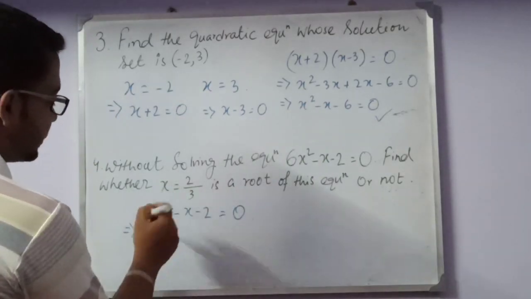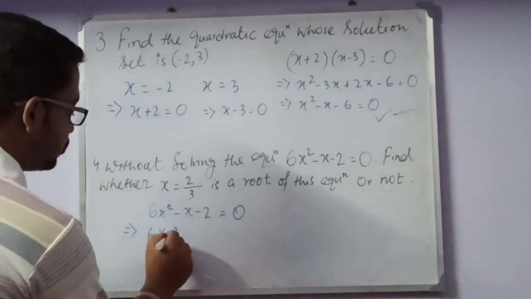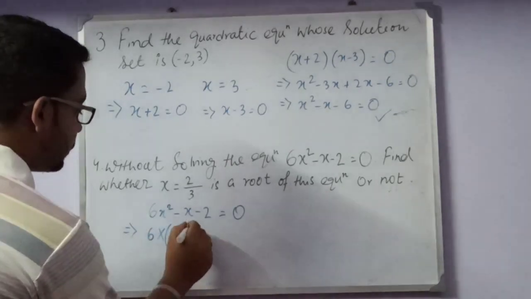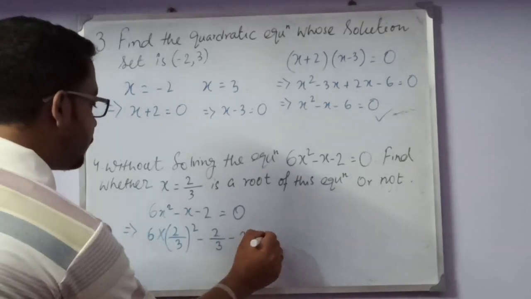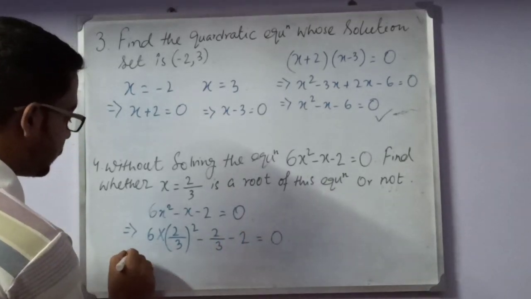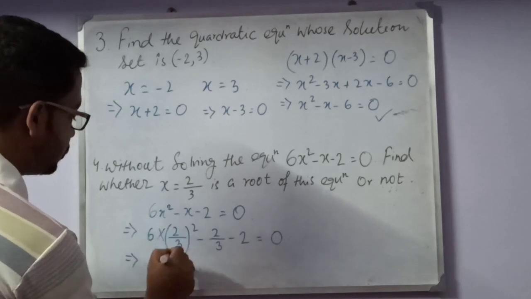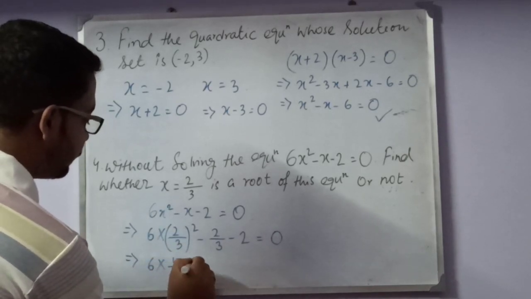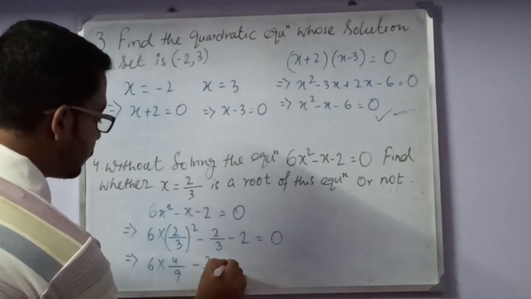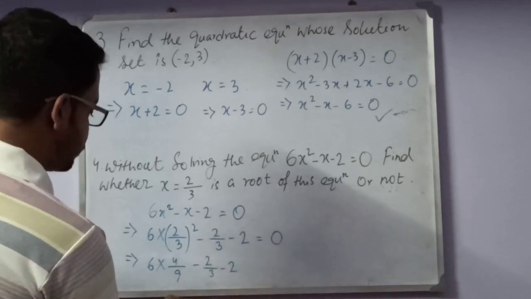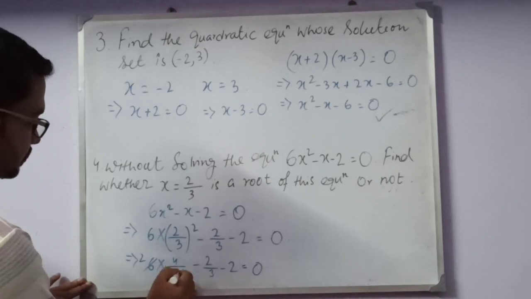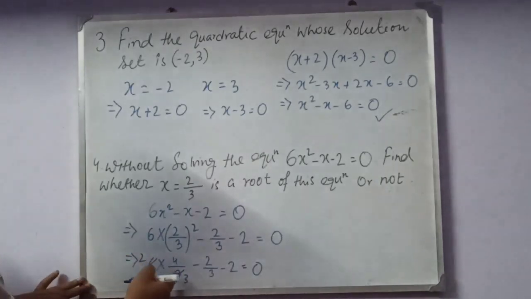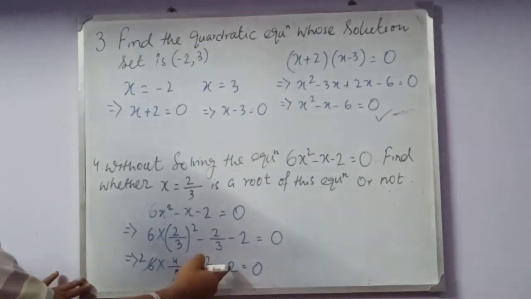To put the value of x, 6 into 2 upon 3 whole square, 6 into 4 upon 9, we get 8 upon 3, 2 upon 3 and 2.